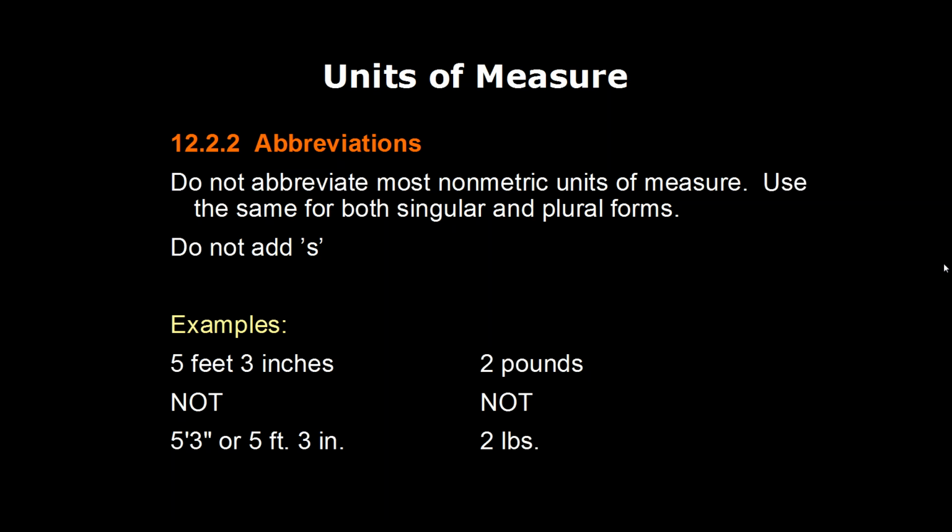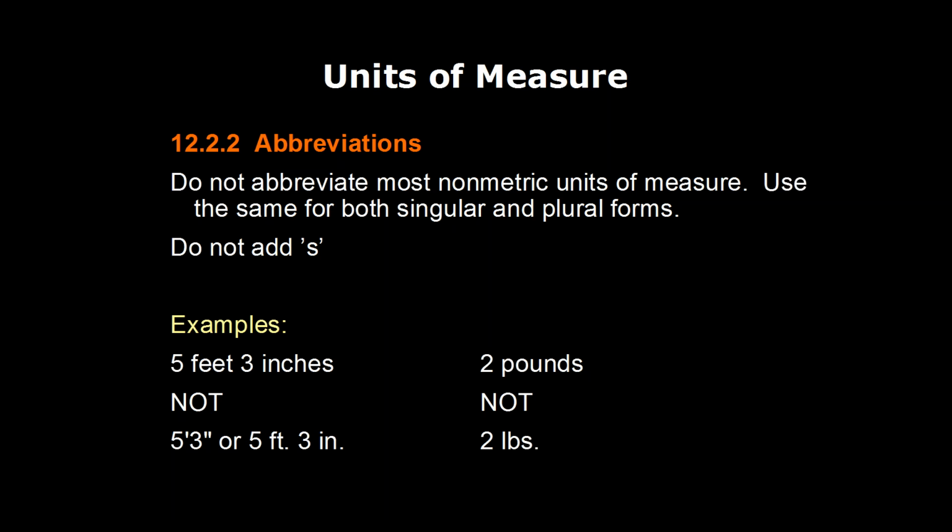So it says, do not abbreviate most non-metric units of measure. Use the same for both singular and plural forms, and do not add the S. And so you'll see here in the examples, 5 feet 3 inches.